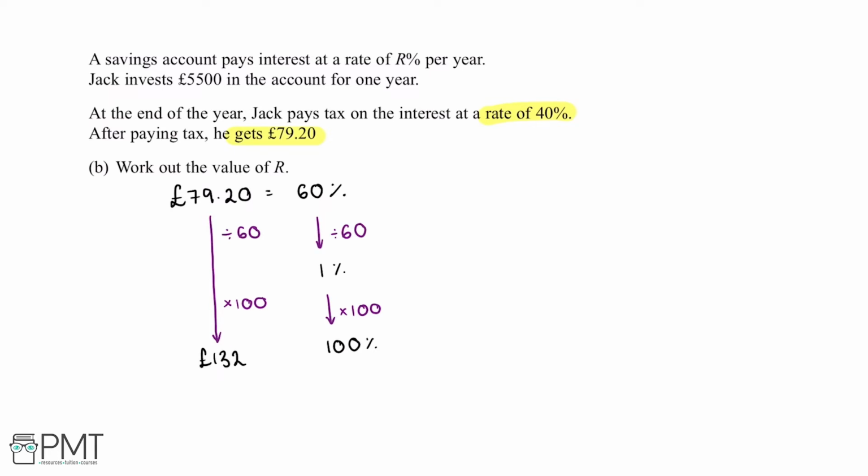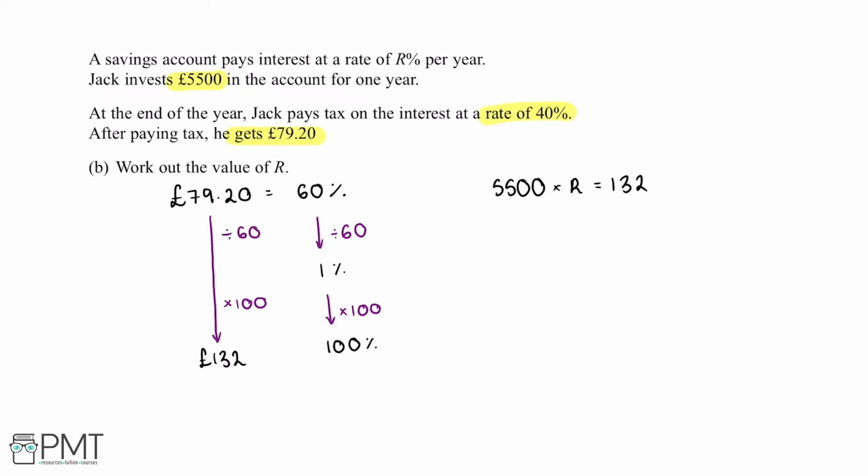Now in Jack's account, he invested £5,500 and he earned £132 of interest from this £5,500. So we can form an equation from this information, and we can write that 5,500 multiplied by r equals £132.